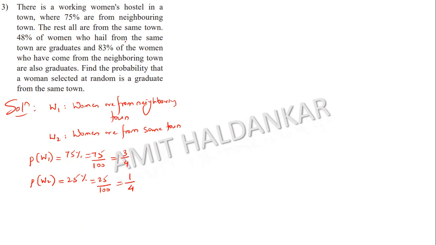48% of women who hail from the same town are graduates, and 83% of the women who have come from the neighboring town are also graduates. Now 48% of women who hail from the same town, who are already from the same town, means W2 has already occurred.